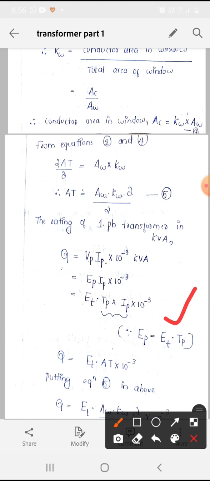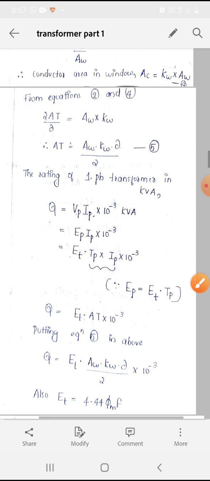So, we are substituting this in here. So, we will get ET TP into IP into 10 raised to minus 3. Now, this TP into IP, that is turns into current, is always ampere turn. So, ET AT into 10 raised to minus 3.